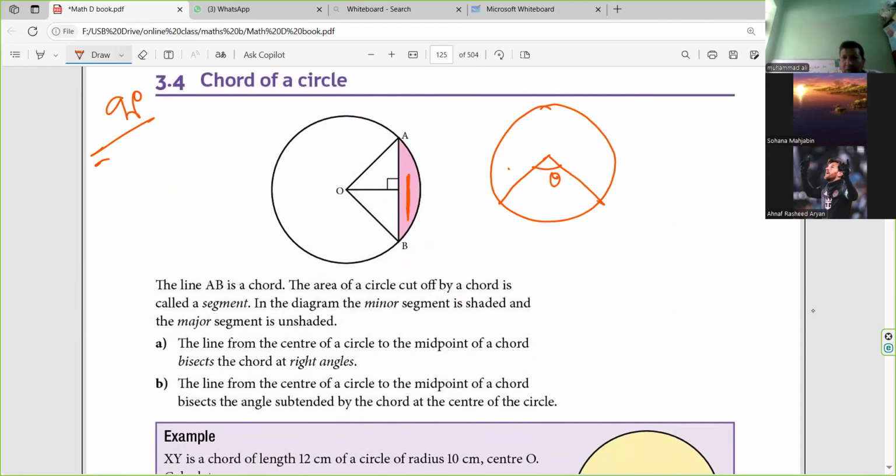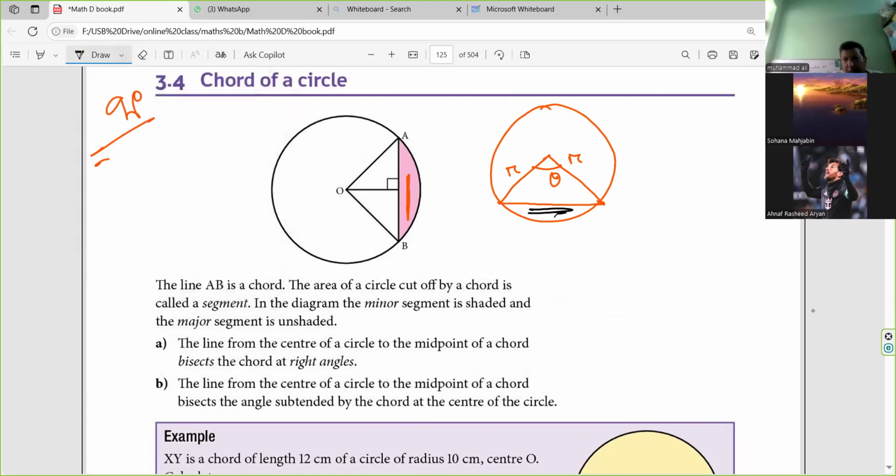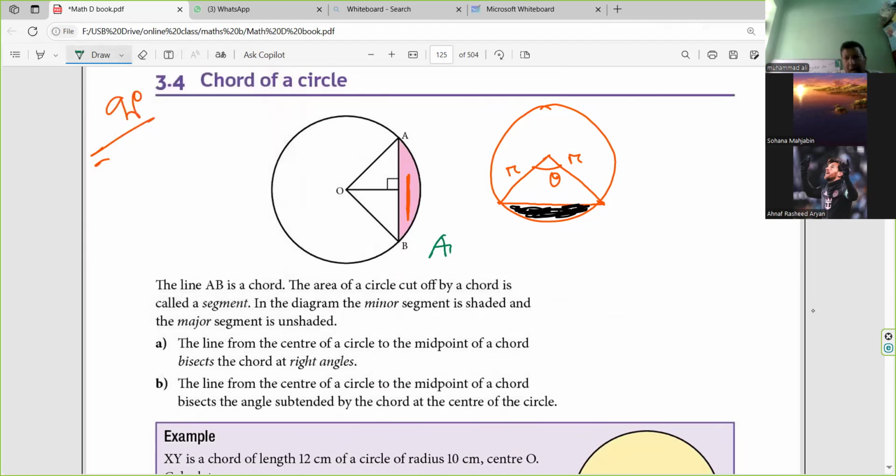This is the sector, this is R, this is R. And the below part is the minor segment or area of the shaded region. Sometimes they will ask us to find the area of the shaded region, or it is said to be the minor segment.